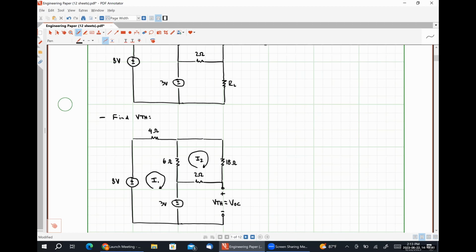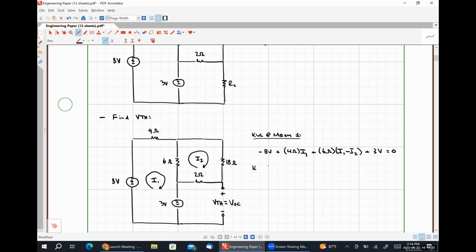So I can really just get straight to writing my KVL equations. My KVL equation around mesh 1: I'm going to have negative 8 volts plus 4 ohms times I1 plus 6 ohms times (I1 minus I2) plus 3 volts is equal to 0.